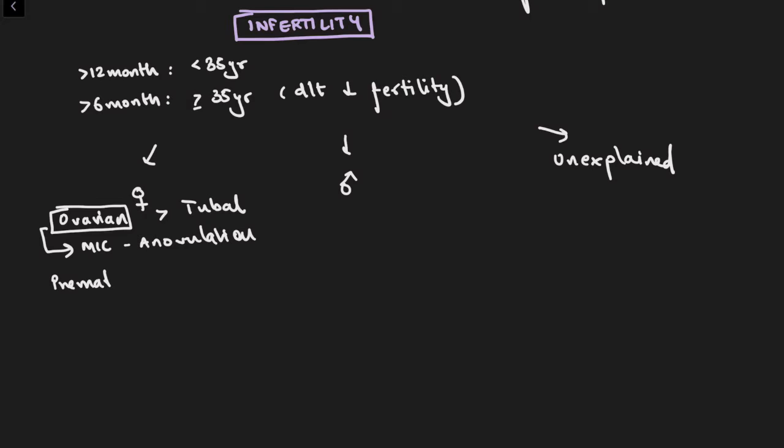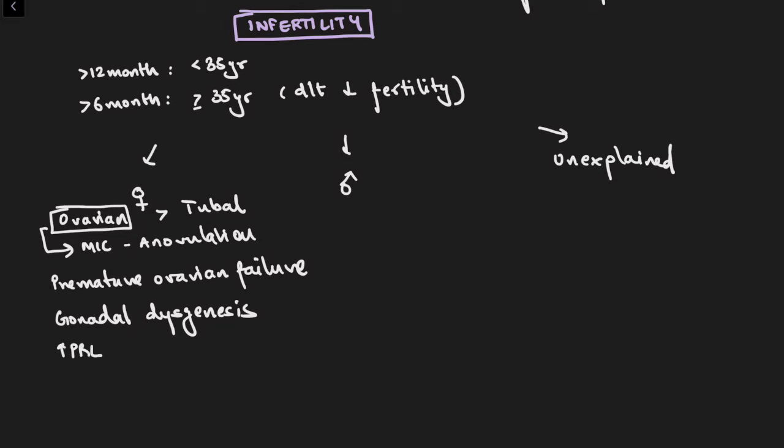Now, there can be premature ovarian failure, gonadal dysgenesis, increase in prolactin due to a pituitary microadenoma, but the most common cause of ovarian infertility remains anovulation. So we do tests for ovulation to find out whether the female has ovulated or not.